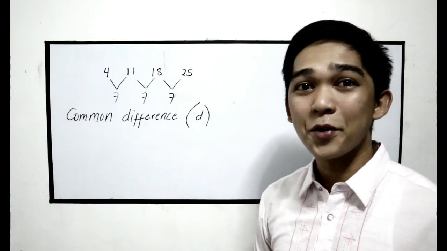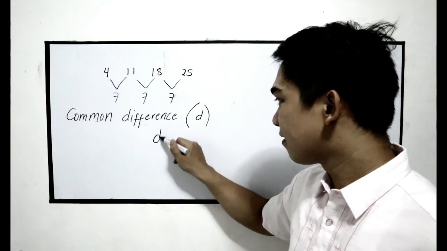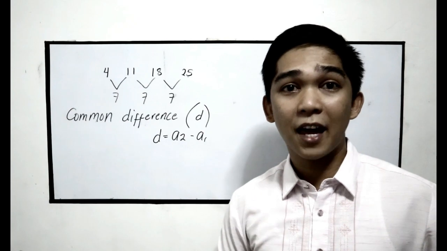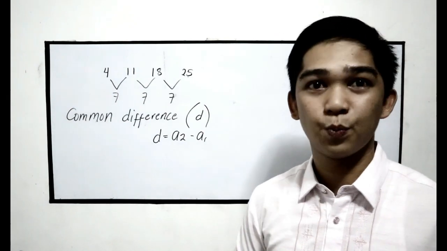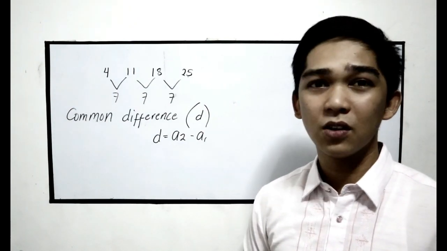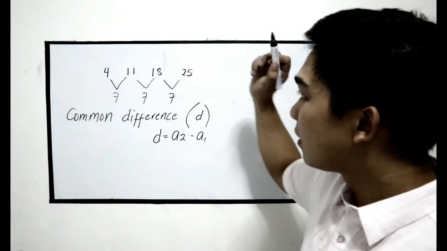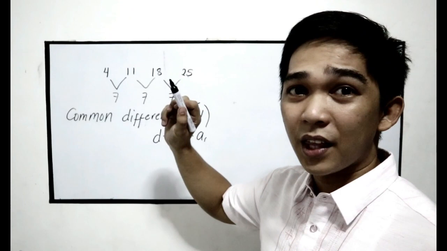That is denoted by the small letter d. And our formula for that is A2 minus A1. Or it can be A3 minus A2, A4 minus A3, or A5 minus A4. What is A1, A2, A3?